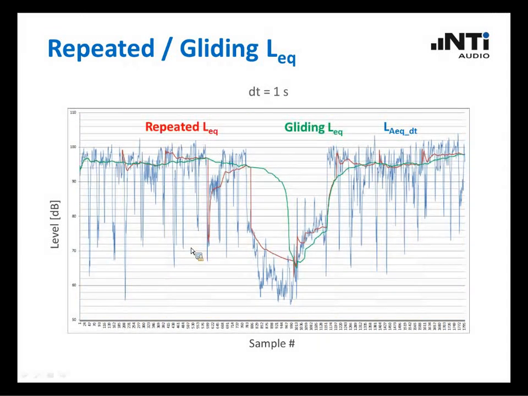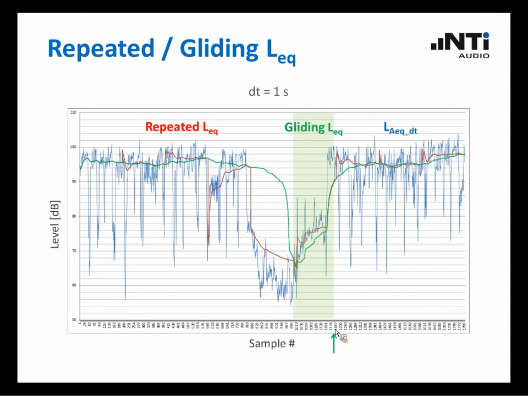And in opposition to the repeated LAEQ, I'm going to explain to you now the gliding LAEQ. This is the green curve. How do we get there? Let's assume we are at this point here of our musical. So what we do is we apply again a time window, but this time window has no fixed position. It continuously follows our recording.